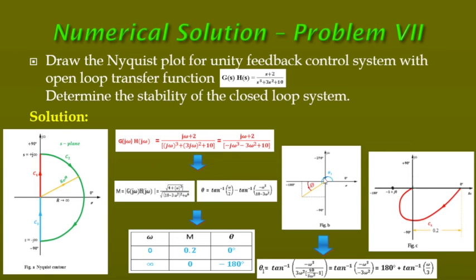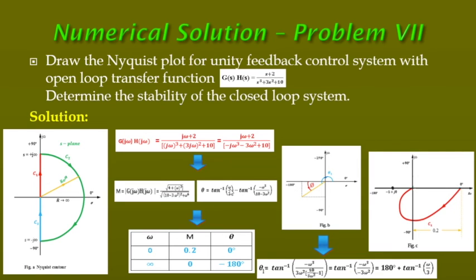Then this total angle for minus y by minus x is theta 1. We know that this angle is 180. If we calculate phi, then theta 1 is equal to 180 plus phi. So phi is tan inverse y by x. Here y is omega and x is 3. Then theta 1 is equal to 180 plus tan inverse omega by 3. So write down here.